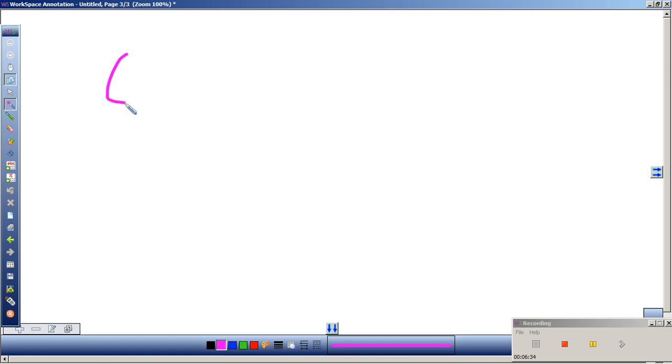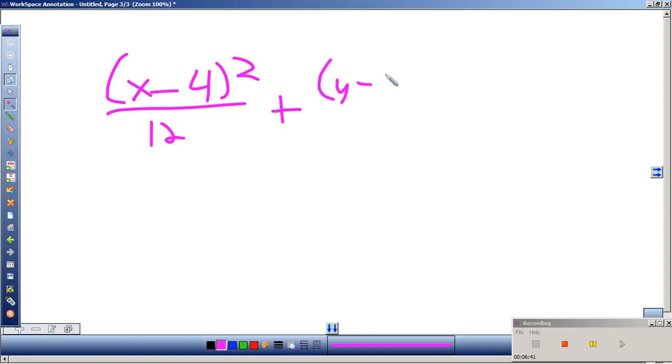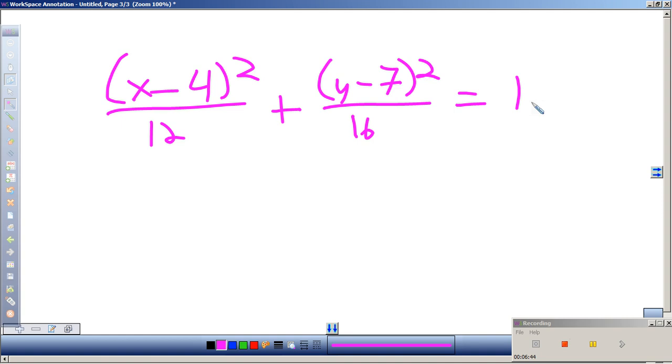So we have x minus 4 squared over 12 plus y minus 7 squared over 16 equals 1. Is this vertical or horizontal? Vertical, because the bigger number is under the y. If this was, say, 35, it is horizontal because the bigger number is under the x.